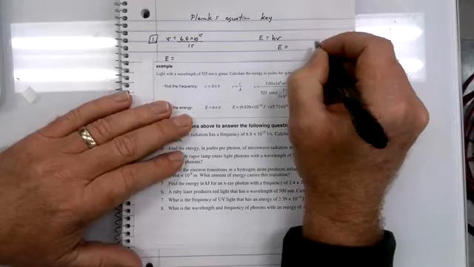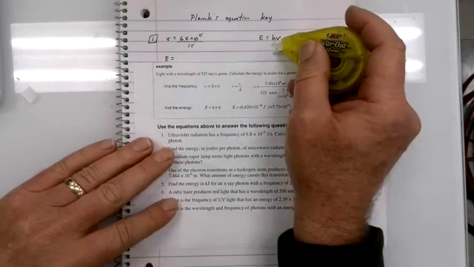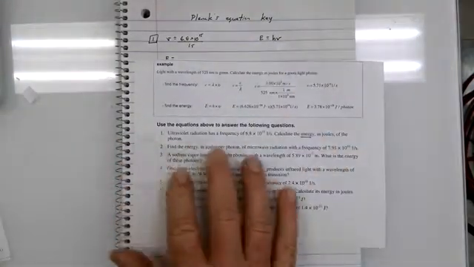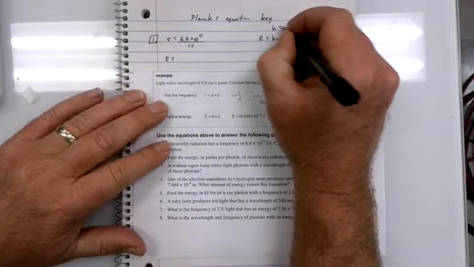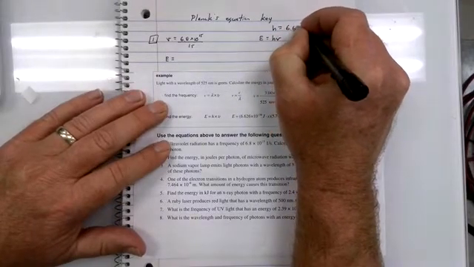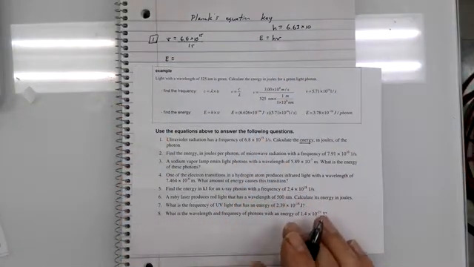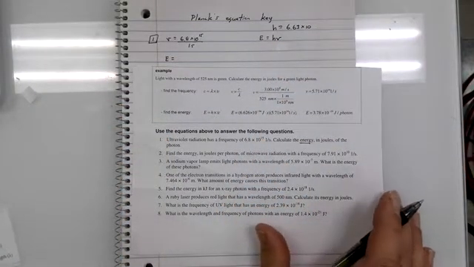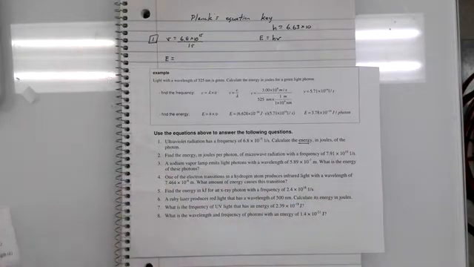So we have the frequency, and for h throughout this work set I'm going to utilize 6.63 times 10 to the negative 34th.